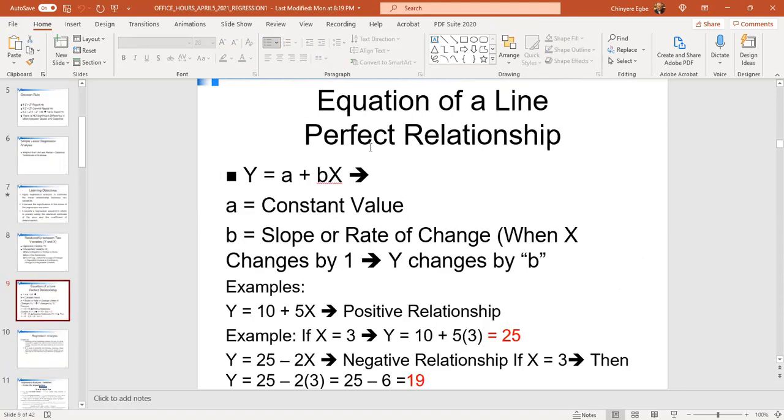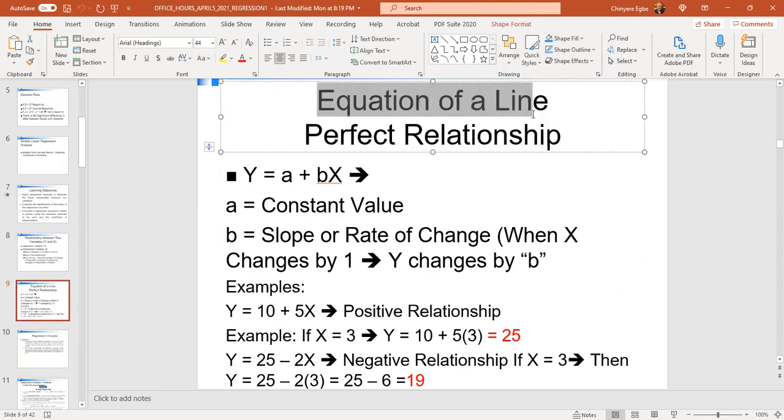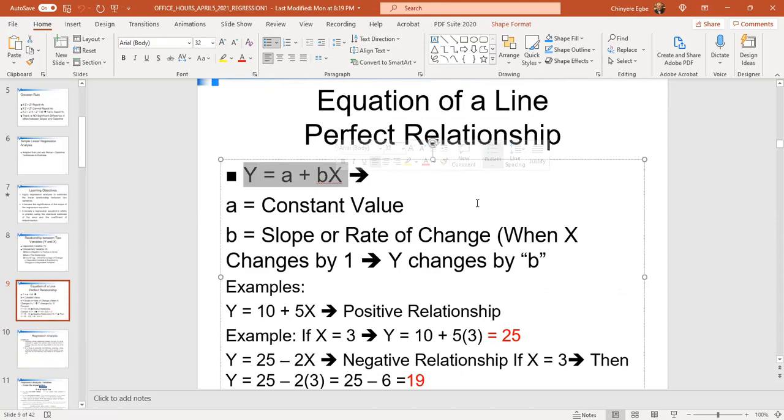Okay, and so the process is to estimate the equation of a line. And the equation of a line is like y is equal to a plus bx. Now, a is the constant value, which is to say, even if x is 0, y will have a value.